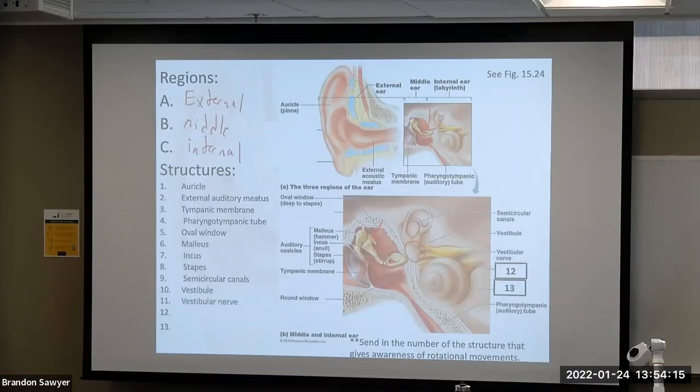And then the other part going to the cochlea would be the cochlear nerve. And then 13 finally is the cochlea. Any questions on any of those structures? All right, ready to move on? Everybody got it?